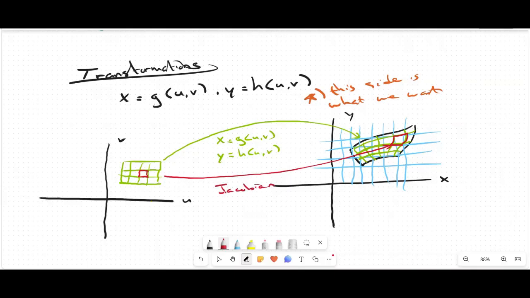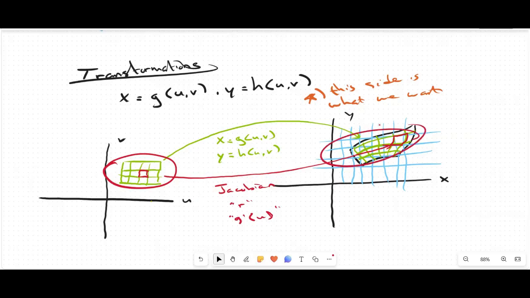It's that factor of R. So this is like R or like G prime of U in the U substitution case. It's something meant to measure distortion of area. And you need it if you want to pretend you're in this nice space over here, but you really care about what's over here. The Jacobian is kind of the price you pay to have that nice setting, or to think in terms of that nice setting.